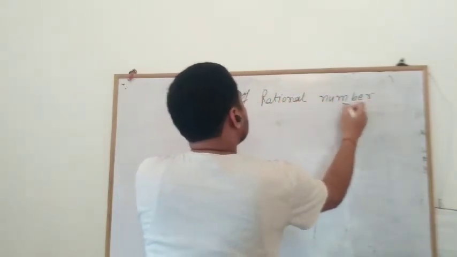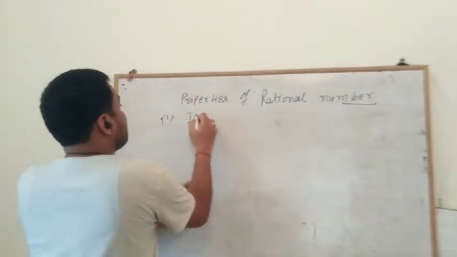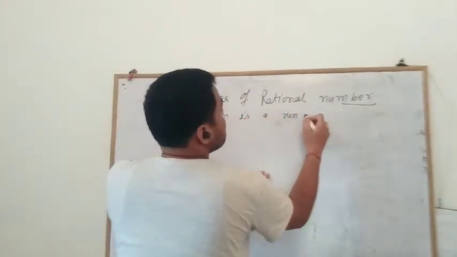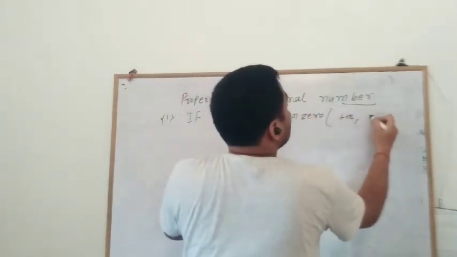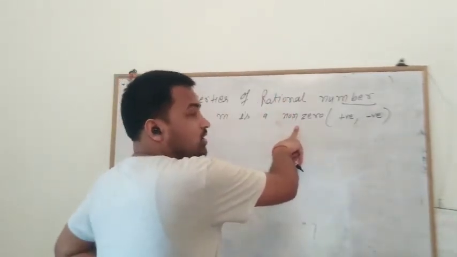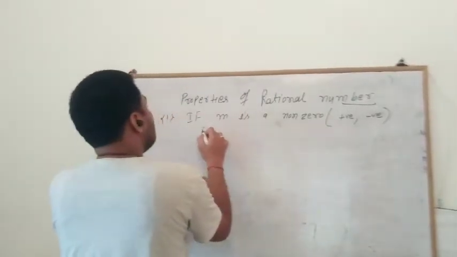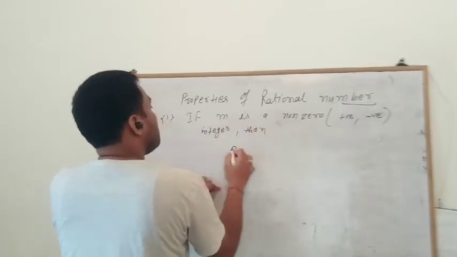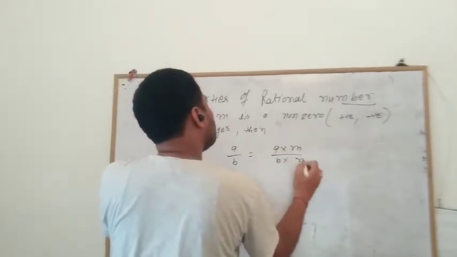Let's start with the properties of rational numbers. First, if m is a non-zero integer, non-zero meaning it may be positive or negative but it is not 0, then a by b is equal to a into m by b into m.